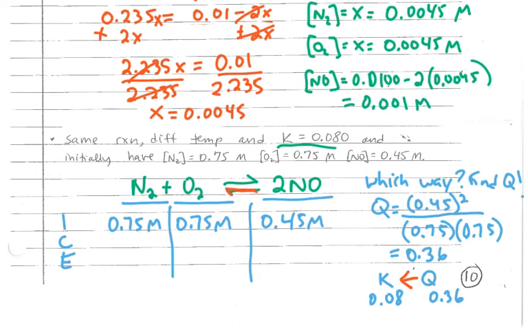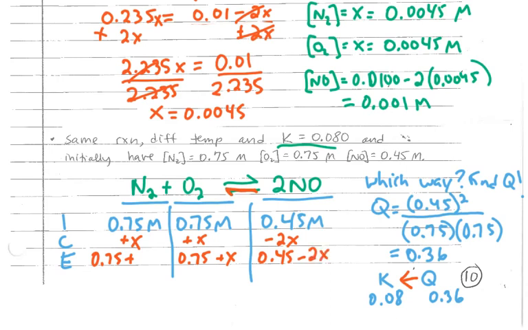If we're going in reverse, that means we're subtracting product and adding reactant, so the reactant will go up and the product will go down. I have 1 minute left. So our equilibrium concentrations are going to be 0.75 plus x, 0.75 plus x, and 0.45 minus 2x, right?